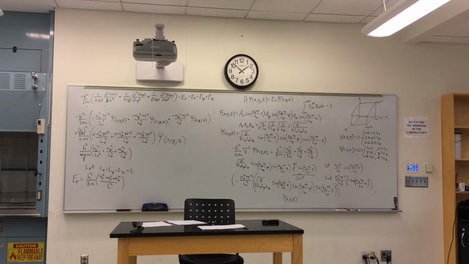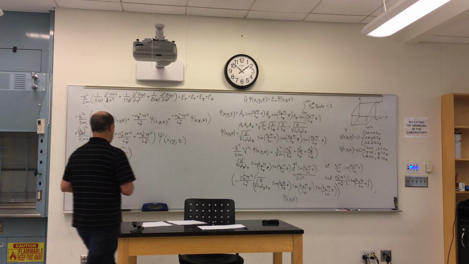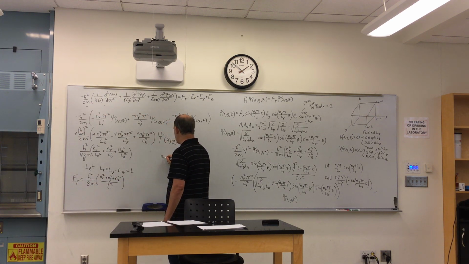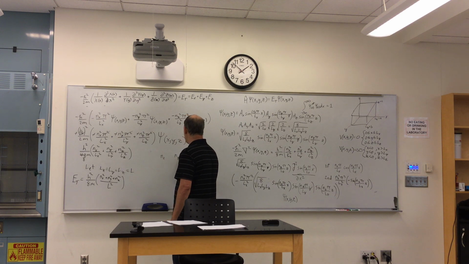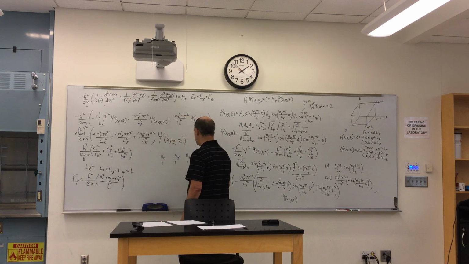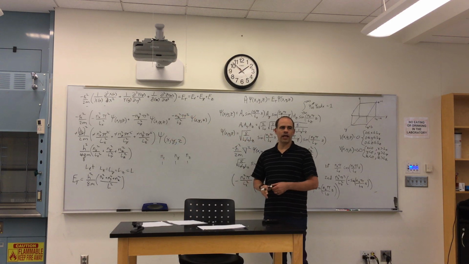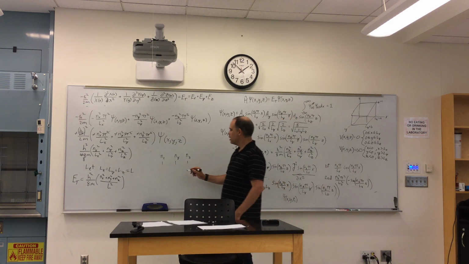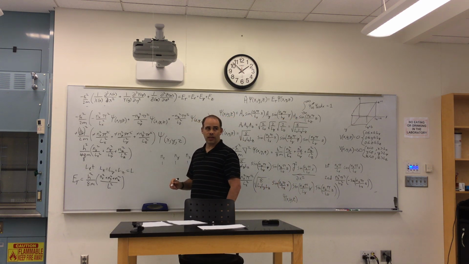So what happens? Let's make a little column of nx, ny, and nz values. Let's say that these are all 1. You're going to end up with some energy. Let's say we make one of them 2 and the others 1.